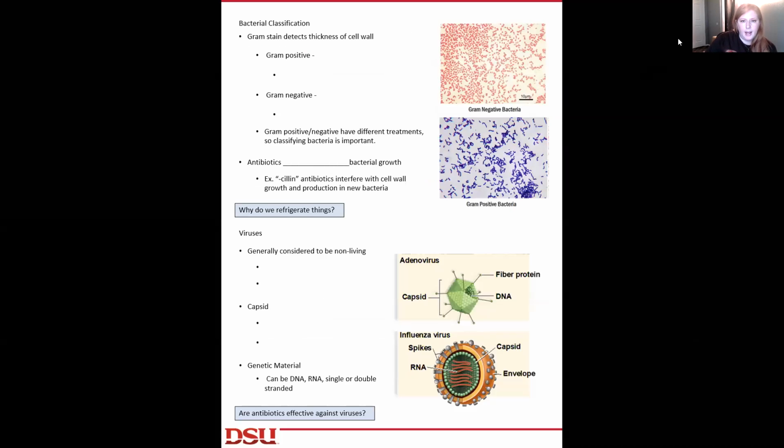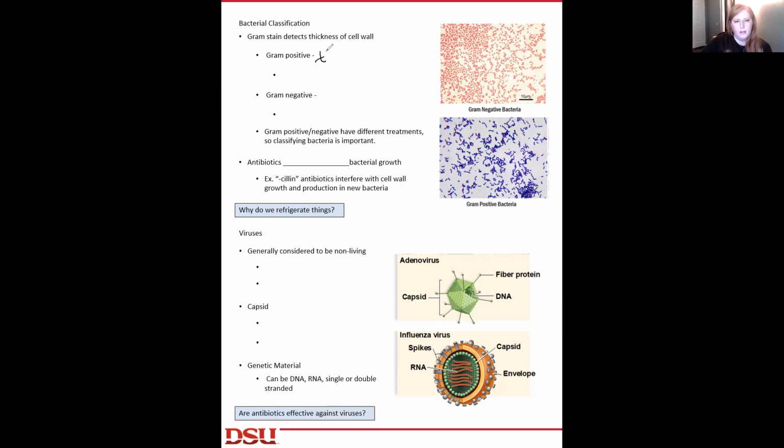Bacterial classification. All right, we talked about the cell wall and having either gram-negative or gram-positive bacteria. So let's go ahead and look at that. Gram-positive bacteria have a thick cell wall.